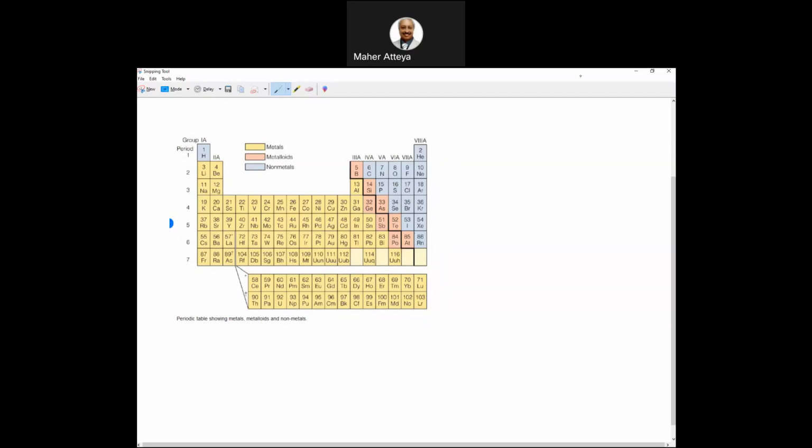So the metals of the main groups here, the unique thing about them is that in nature they have no color. If it's a metal, they come gray.